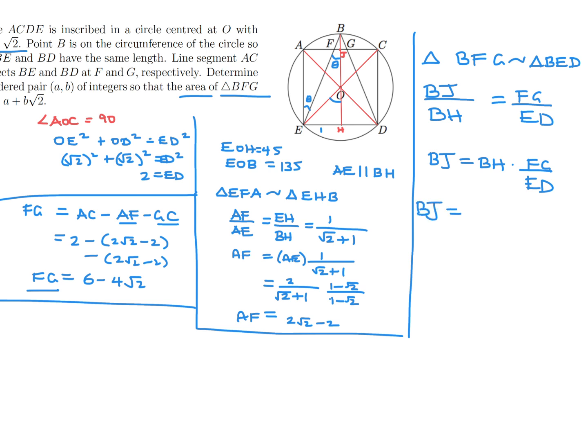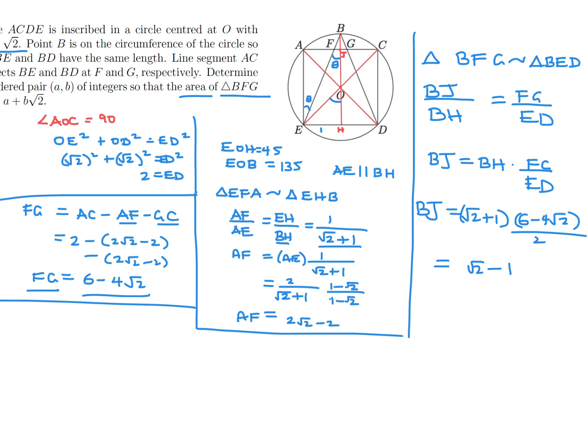BH is just top to bottom, which we'd already done, so that's root 2 plus 1. FG is 6 minus 4 root 2. And ED is just the side length, so that's 2. Therefore, when you crunch out these numbers, you get root 2 minus 1.